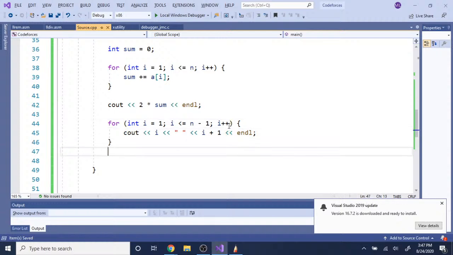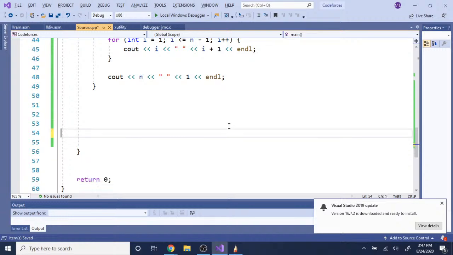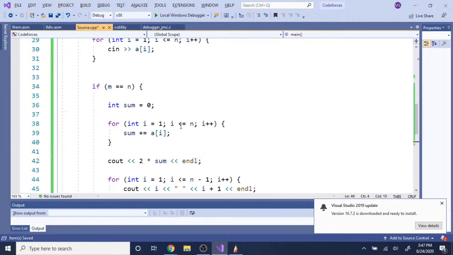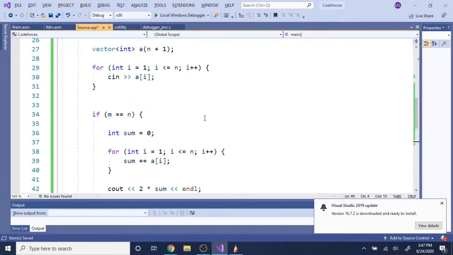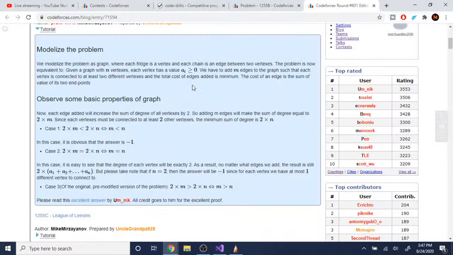Yeah. Then after the n, we'll just pair up n with 1. Okay? So I think this would work in the case of n equal to m, right? So if the number of nodes is equal to it. So we'll do that. Let's do another problem after this, by the way.